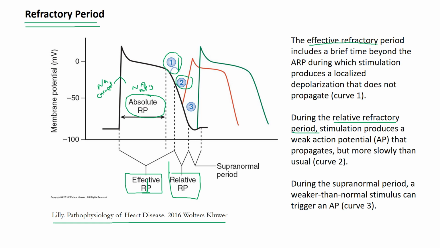And finally, something counterintuitive, there is this thing called the supranormal period, and what happens there is that even a weaker than normal stimulus can trigger an action potential. Of course, in the heart, when everything's working normally physiologically, action potentials aren't being triggered until well after all of these refractory periods have ended. These refractory periods, like I said, are going to be important when we think about certain pathophysiologies and associated arrhythmias.